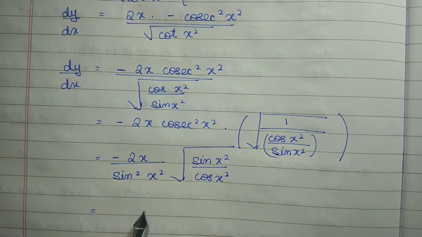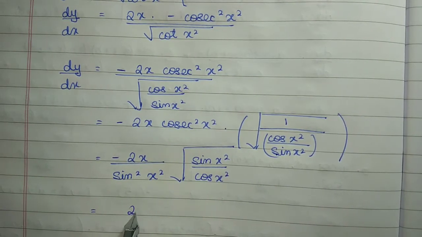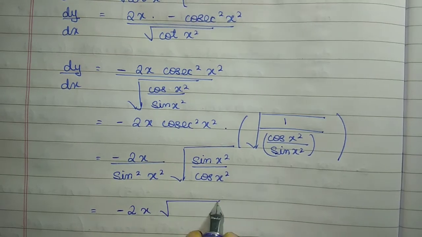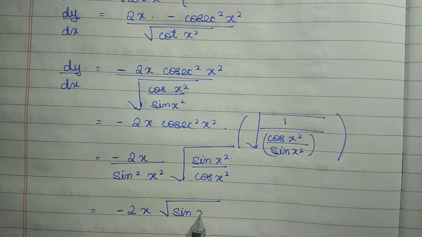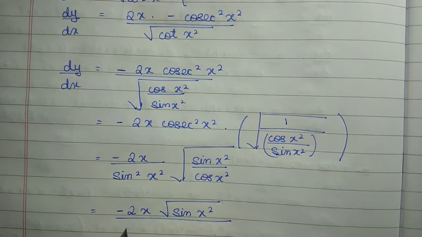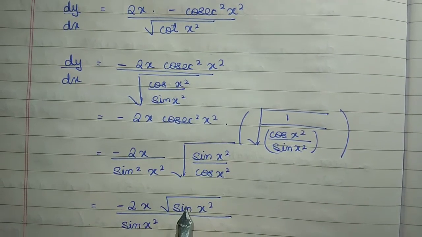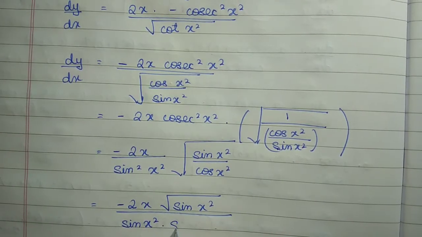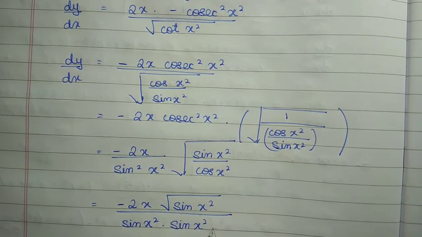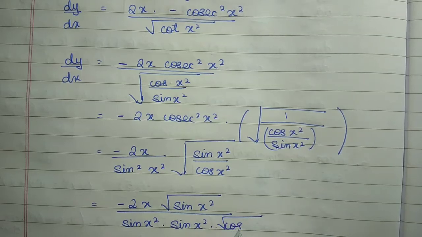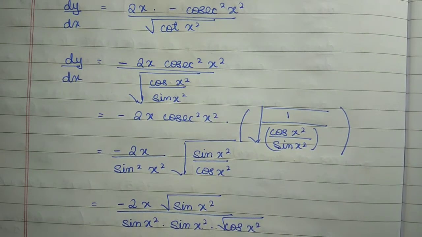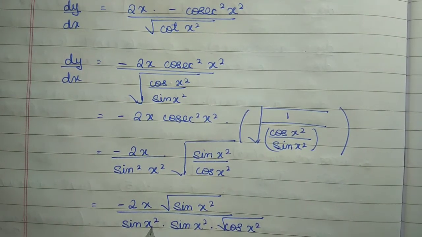Okay, so I will be writing this again as minus 2x, root will be splitted, so sin x square divided by sin x square. I will be splitting the sin square x, so sin x square into sin x square into root of cos x square. Okay, so now I can just cancel this, no?